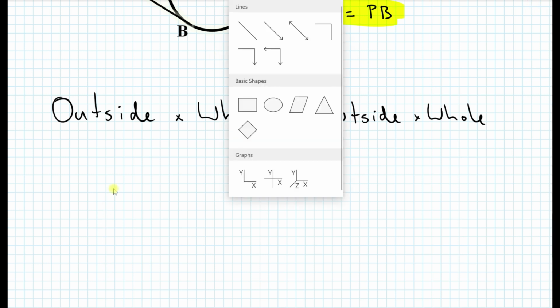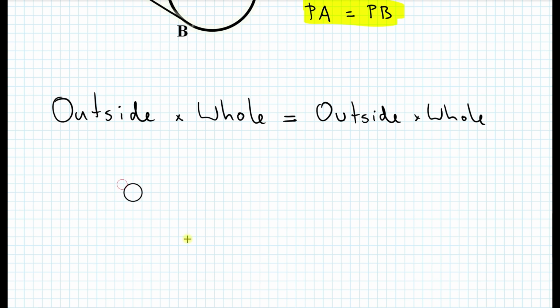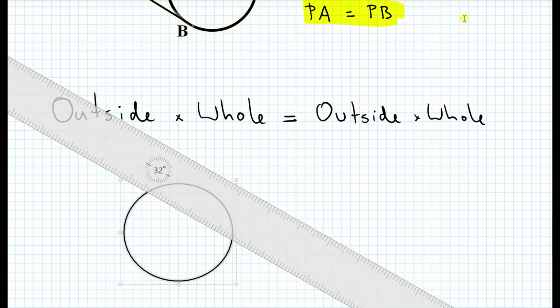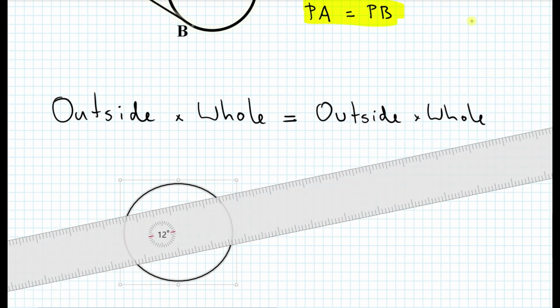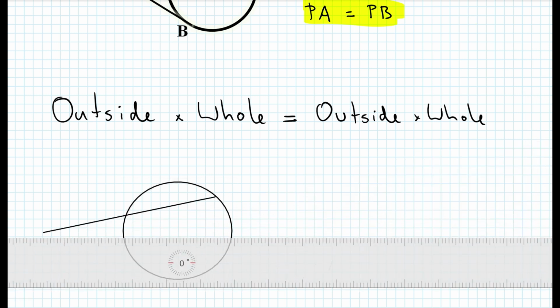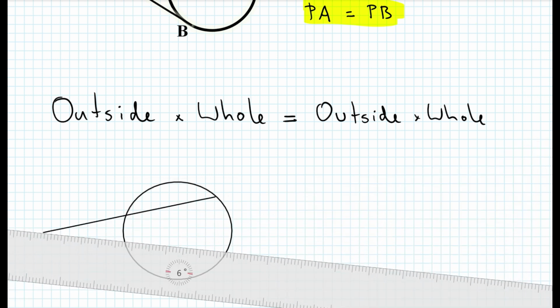Let's say you have a circle. Let's look at the first case. Let's say you have a circle, and let's say you have two secants, okay? So let me draw the secants really quick. Here's the first secant, okay? Then you have the second secant.